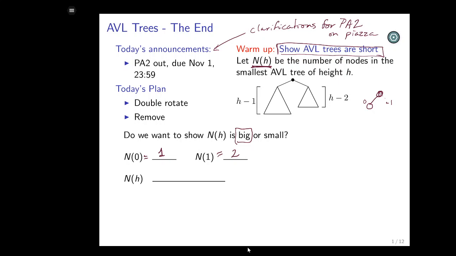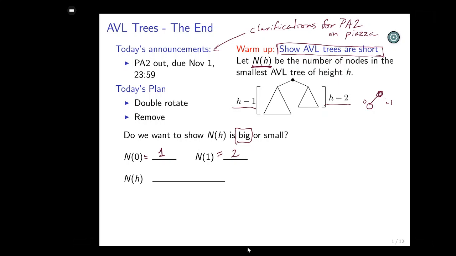So one of them has to be height h-1, but the other one could be of height h-2 and still obey the AVL property, and decreasing the height of the tree decreases the number of nodes in it. So one of them should be of height h-2, one of height h-1.